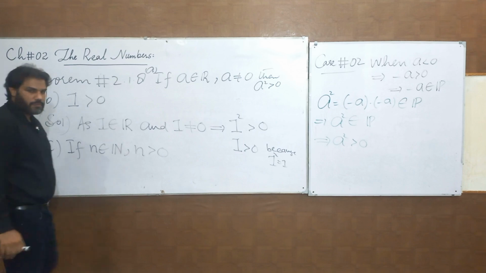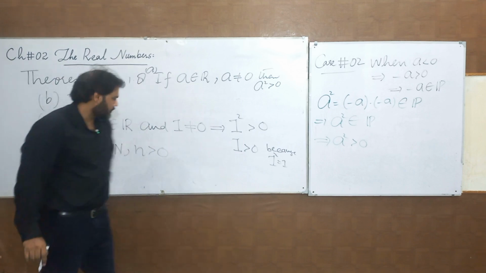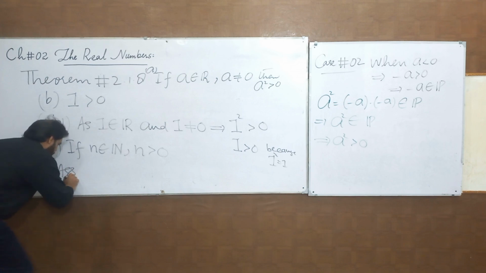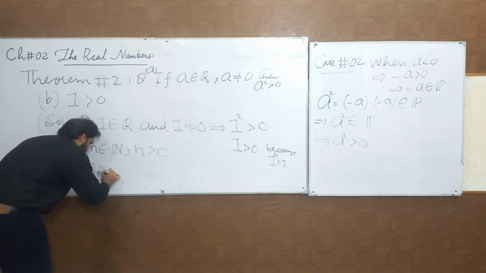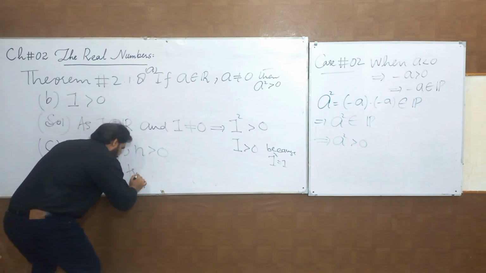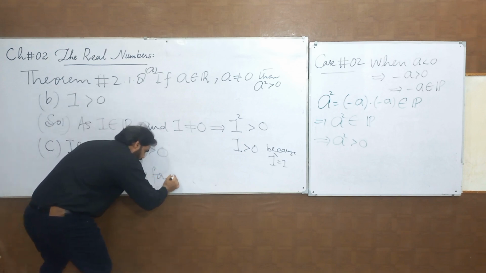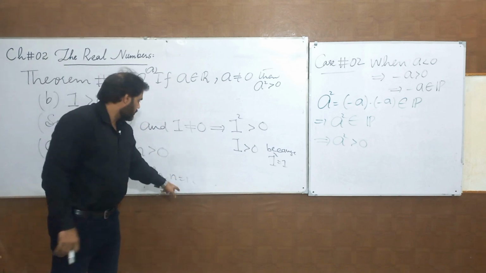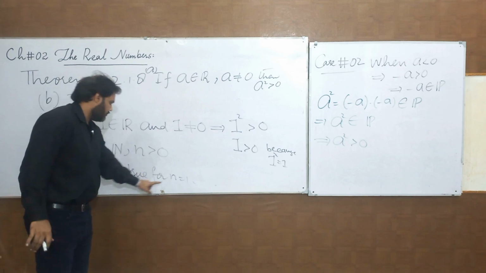We will prove this by mathematical induction. Assertion means statement, claim. The assertion is true for n is equal to 1. In the B part, we have shown that 1 is greater than 0.